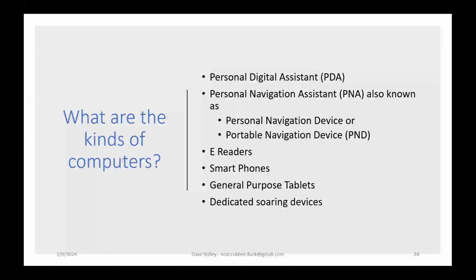However, they were all monochrome, and a lot of the data that's communicated in our software is communicated by colors. What we're using today is really the last 3 items: smartphones, general purpose tablets, and dedicated soaring devices. Okay. So this is where we're playing these days.